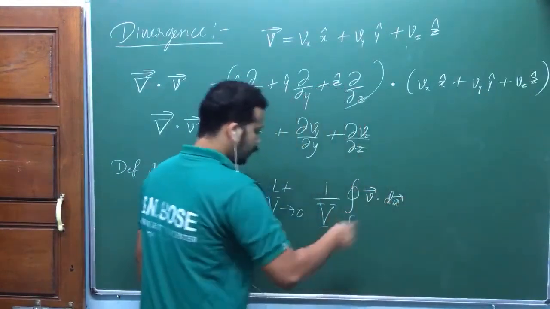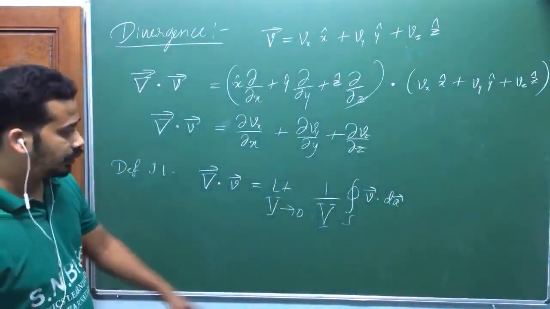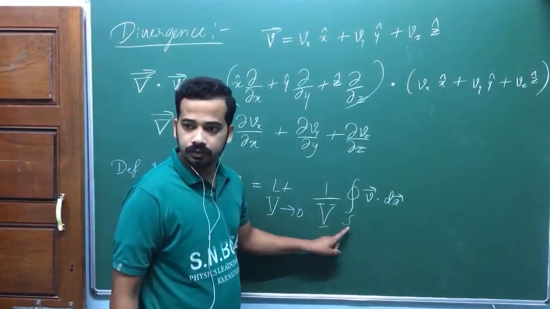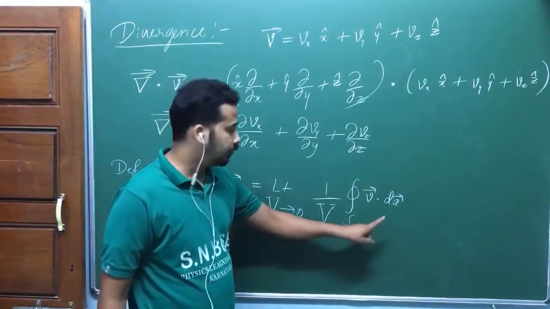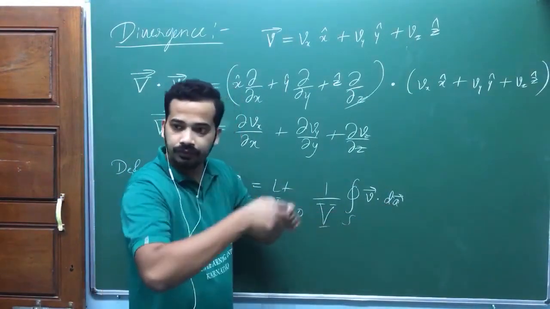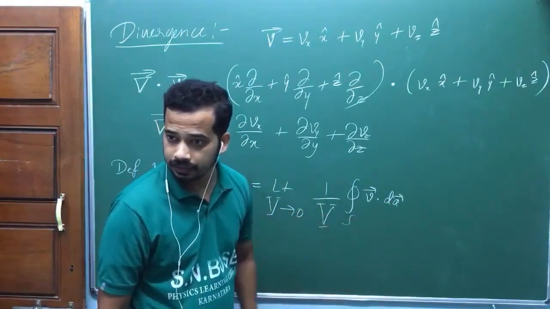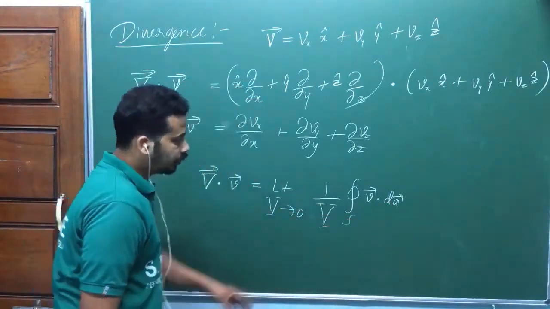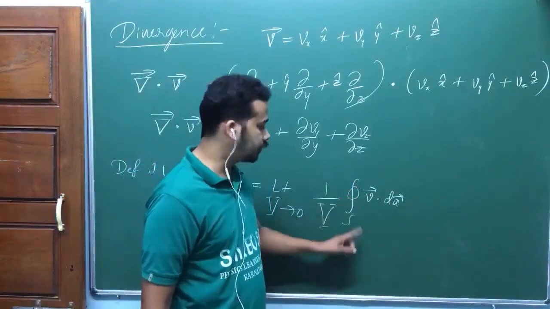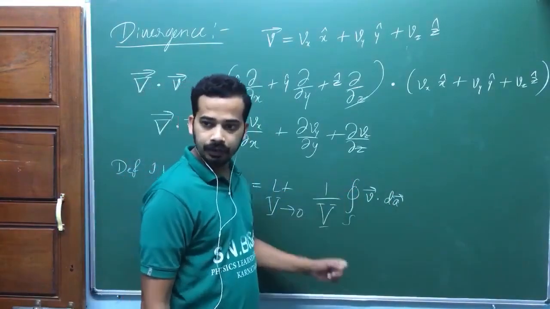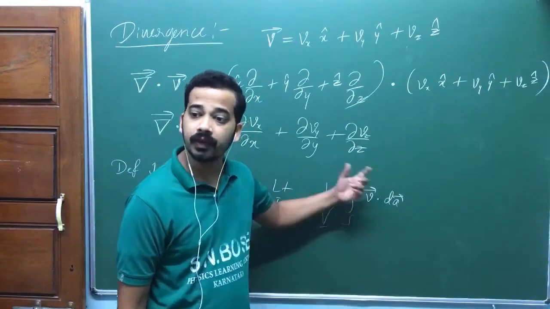Am I right? What was this V dot dA? Actually it was a flux through that closed surface. Am I right? Where dA vector should be chosen outward from the region of the closed surface integral. What is this one? Outward flux through the surface per unit volume, flux density.